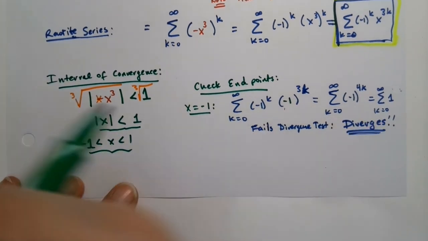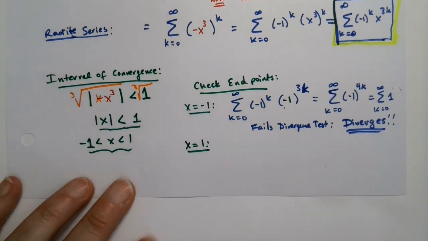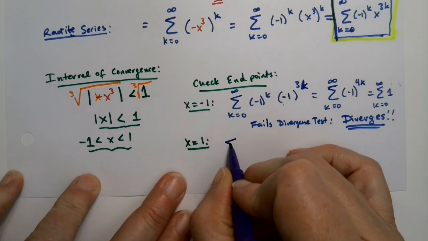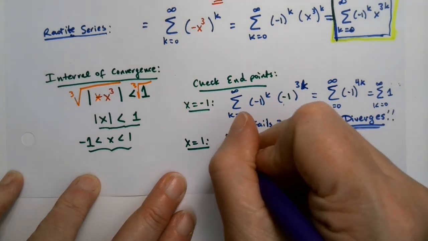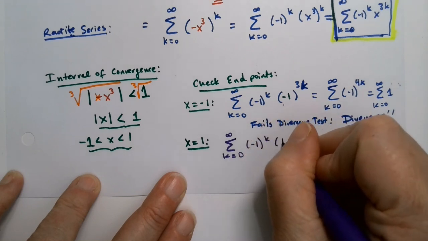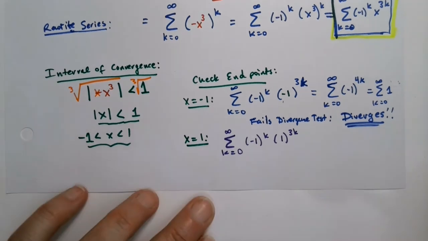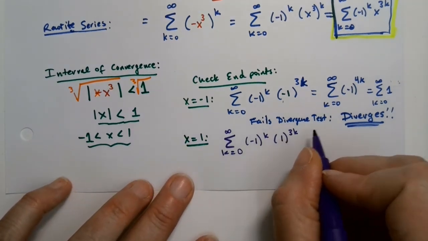All right, then we try x equals 1. So that would be the sum from k equals 0 to infinity of negative 1 to the k times 1 to the 3k. Okay, well, 1 to the 3k is just 1. I mean, the same issue I just had.